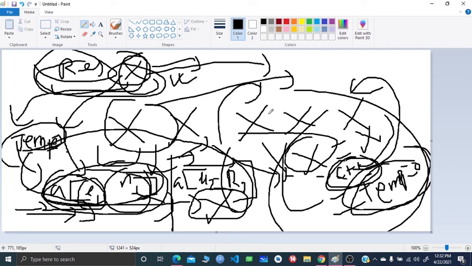You check whether that group number is greater than or equal to 3. If it is, yes, I've got my answer. Why greater than or equal to 3? Of course, it has to give an odd number of solutions. It will be either 3 or 5 or 7, and it doesn't matter. Greater than or equal to 3 always gives my answer, and that is where I terminate my process of execution.